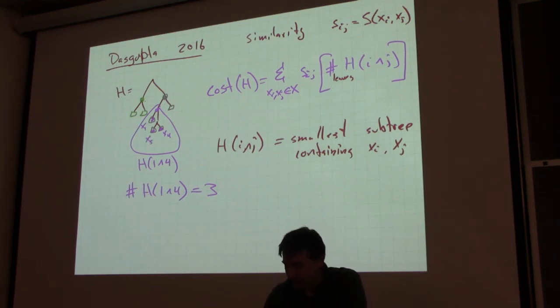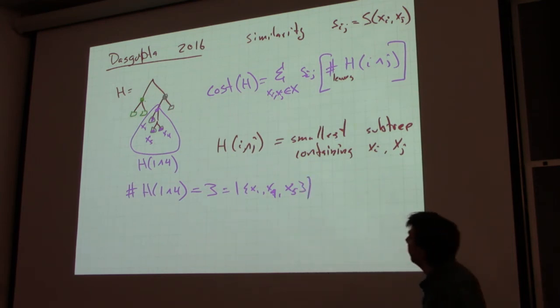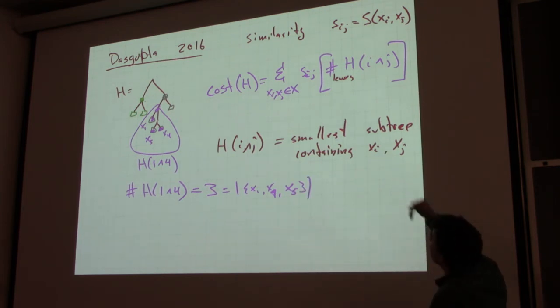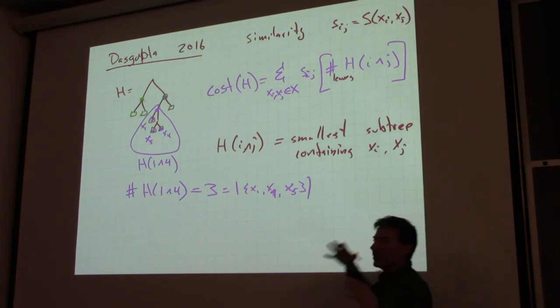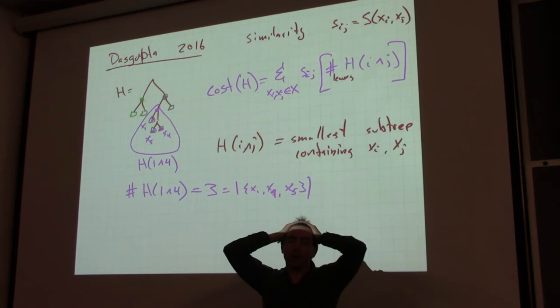So this is equal to the size of the set x1, x4, and x5. So if something has a high similarity, I want the size of the smallest subtree that contains it to have a small number of other nodes.